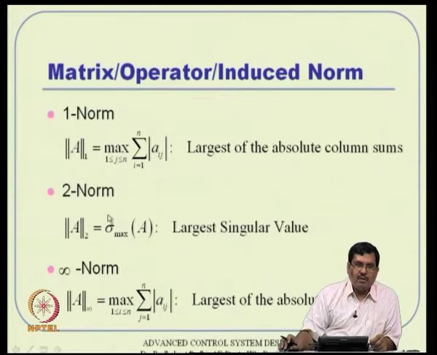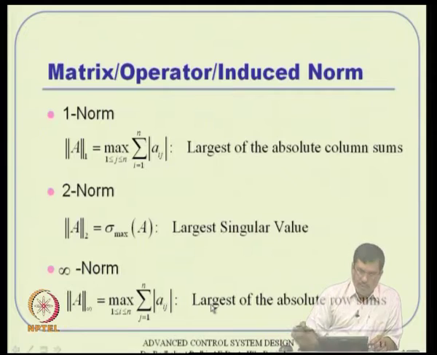If you take all singular values and find the maximum singular value, that is the second norm. That is fairly straightforward, as long as you find the singular values. Now, what are the one norm and infinity norm? Mathematical notation wise they are like this. However, in English, these are nothing but the largest of the absolute column sums, and the largest of the absolute row sums.